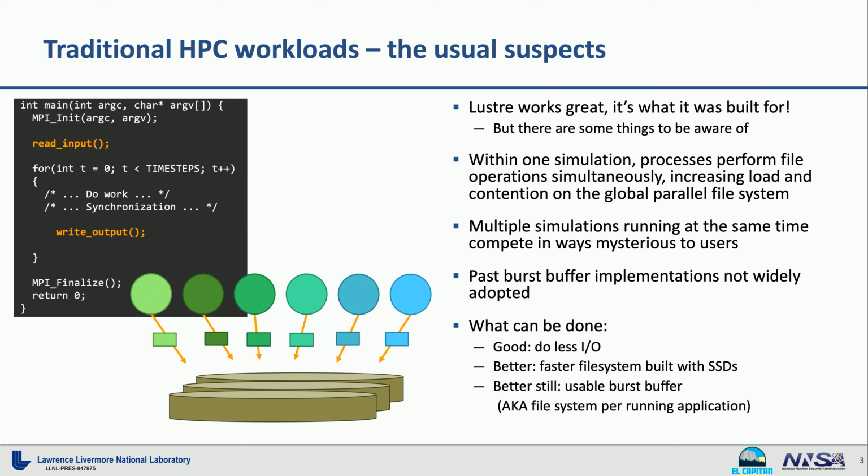So what can we do about this? Well, there's always the option of getting the users to change their behavior, but that's too hard. There's making the file system faster just by spending more money and getting faster hardware. But it would be nice if we could spend less money but still get the benefits, like Oleg was talking about.